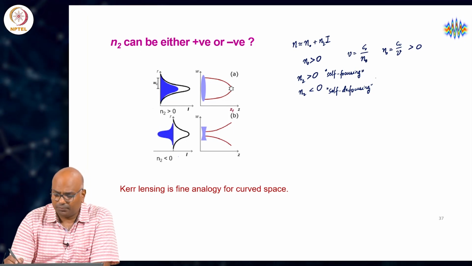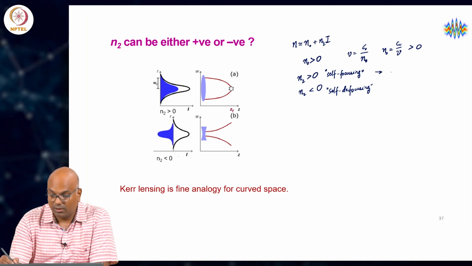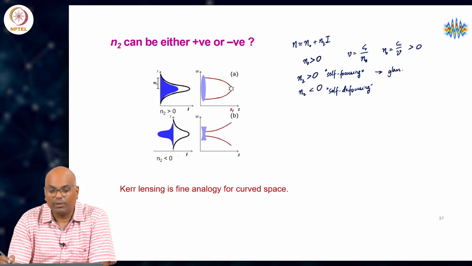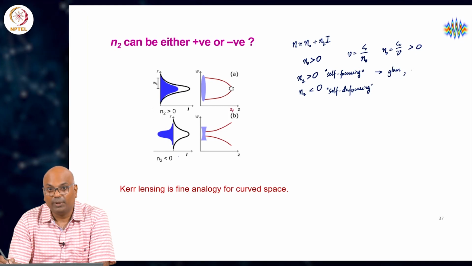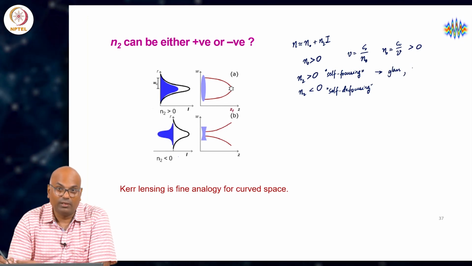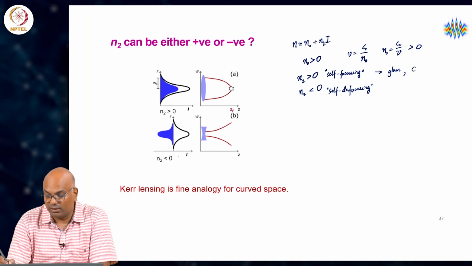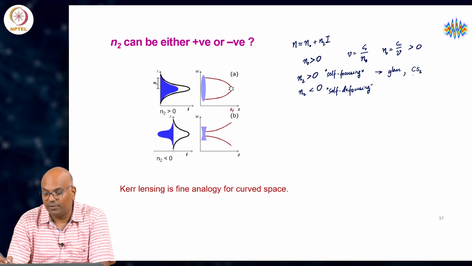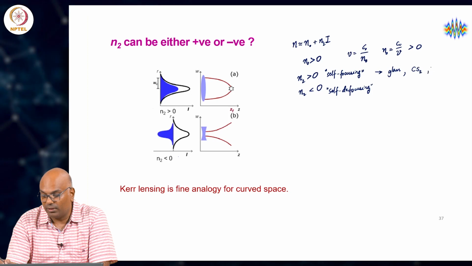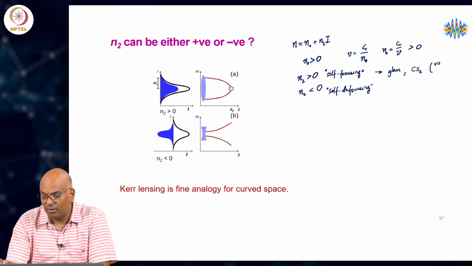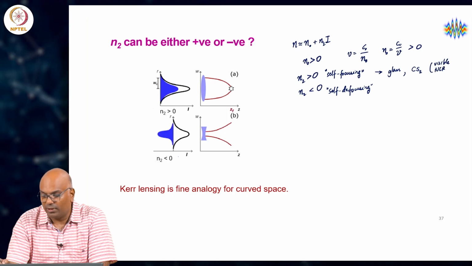Normally the usual media that are around us, say glass, it is a question of frequency, but very commonly glass or popular media with relatively high Kerr nonlinearity or chi3 coefficients, such as the solution of carbon disulfide, which is very popular, exhibit self-focusing in the visible and near infrared regions.